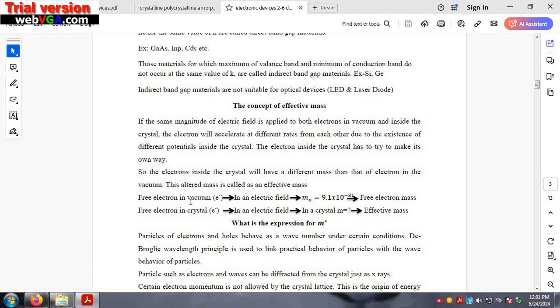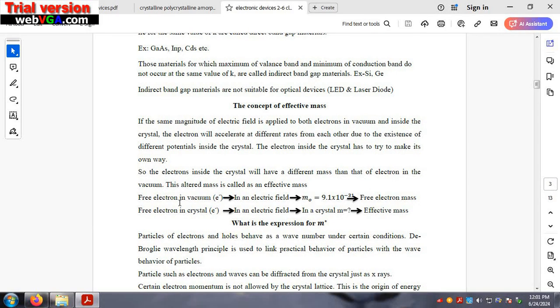If we consider the electron in vacuum, and an electric field is applied, the mass of the electron is given by m0, with the value 9.1 into 10 to the power minus 31. That is the free electron mass.